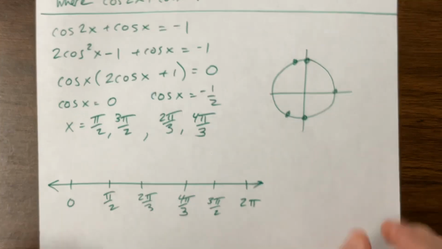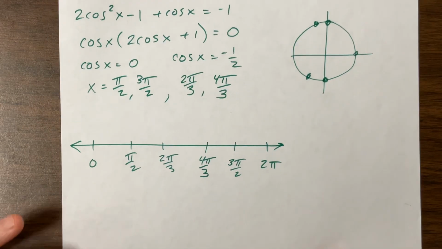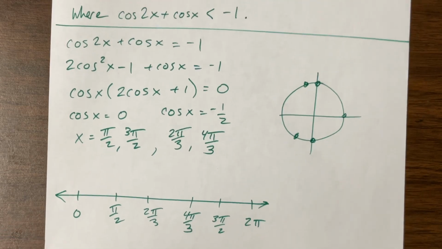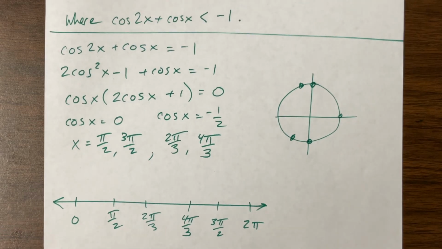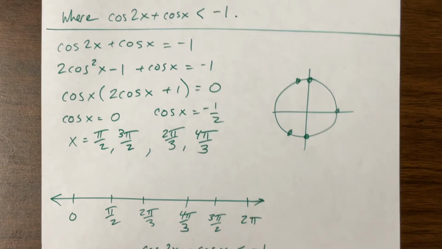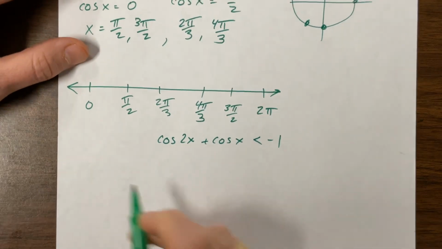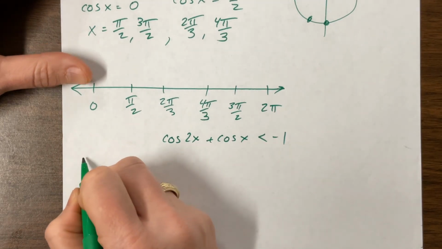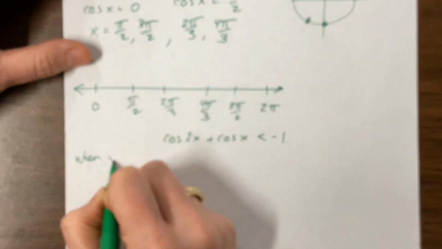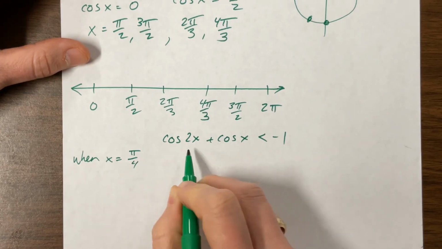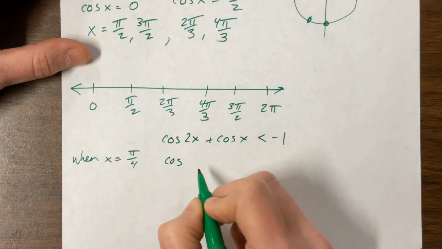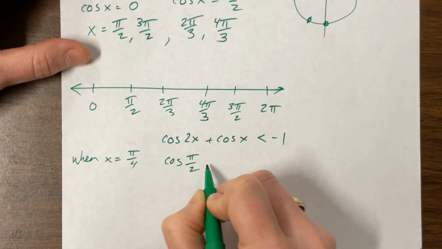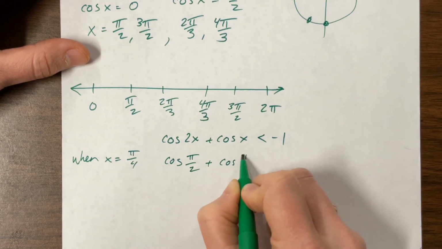Some people are able to figure out the inequalities just by looking at the circle, but I struggle with that, so I'm going to pick points. Where's that equation again? Let's write it down again: cosine of 2x plus cosine of x is less than negative 1. What's something between 0 and pi over 2? Pi over 4. When x equals pi over 4, I get cosine of 2 times pi over 4, which is pi over 2, plus cosine of pi over 4.